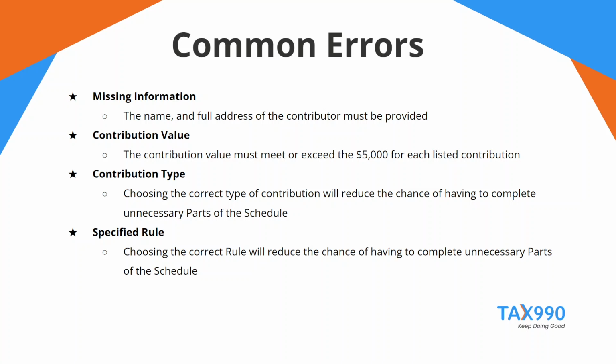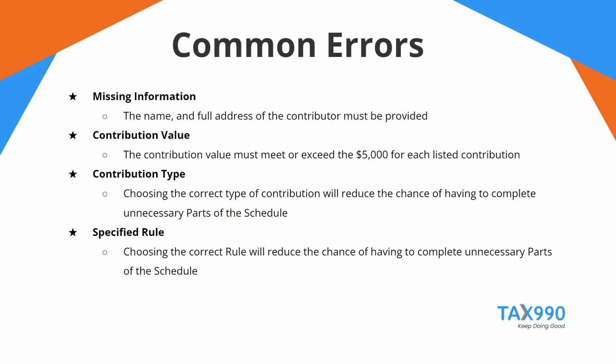Lastly, there's often confusion about whether the organization should select a special or a general rule on page 1 of Schedule B, and we're actually going to look further into this on the next slide. But again, I just want to mention, if you're unsure of which rule your organization follows, you should contact the IRS or a tax advisor for guidance. You can also take a look at the IRS Schedule B instructions to help clarify the determinations.